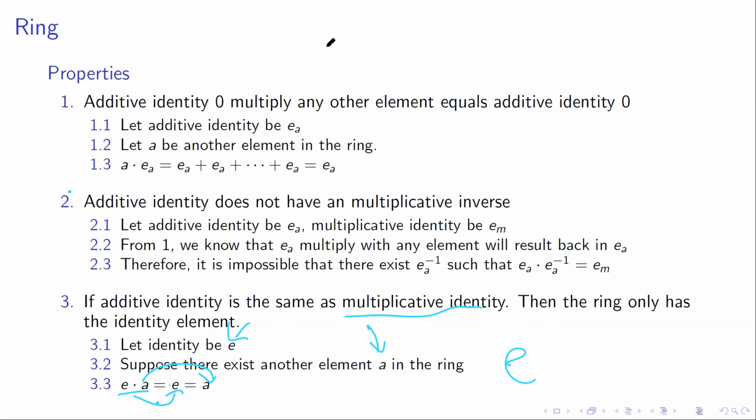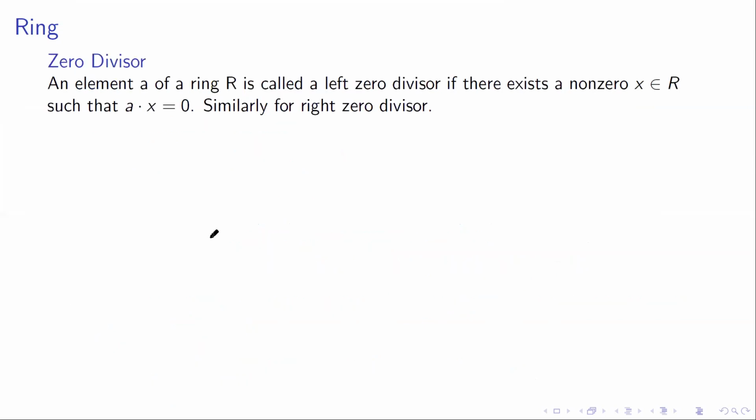No? Okay. Zero divisor. A zero divisor, simply put, is two elements A and B which, when multiplied together, give the zero element, where A is not zero and B is not zero.